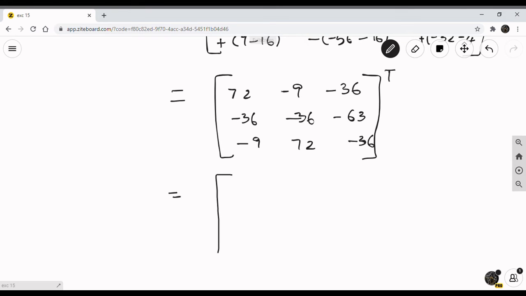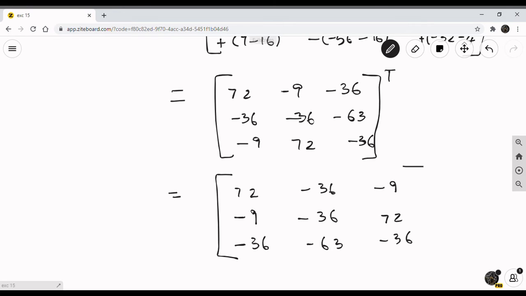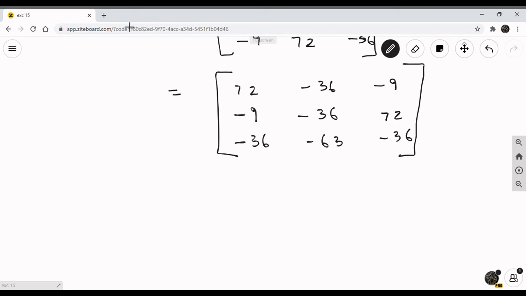First row into first column. Now you take 9 common from all the elements. So 9 is taken out. So divide all the numbers by 9 and put the answers there.